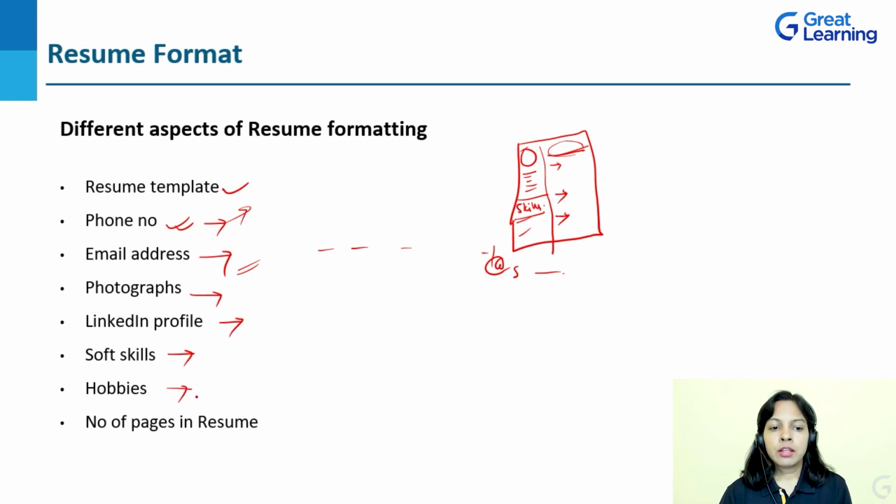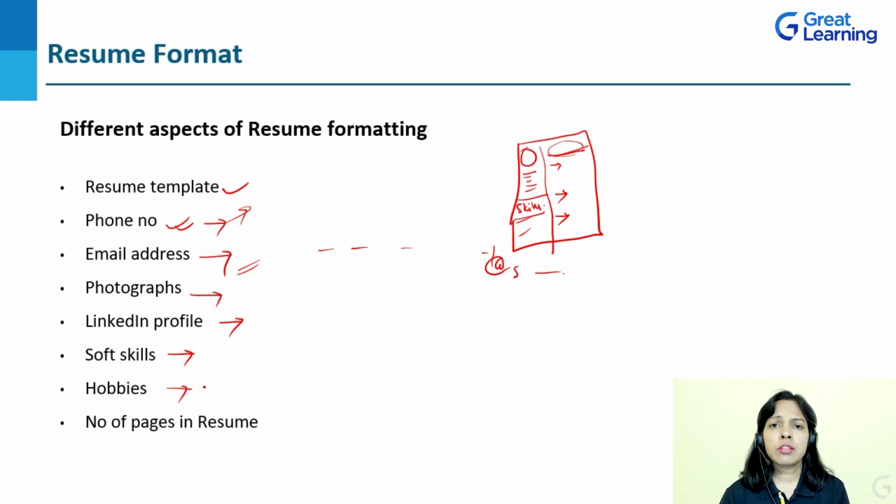Okay. Hobbies. Guys, you can mention hobbies, but make sure they are relevant to the job you are applying for. For example, if you are applying for a job as a blogger at some company which writes text based blogs, I'm talking, then you can write that blogging is your hobby. You love writing blogs. That will be helpful.